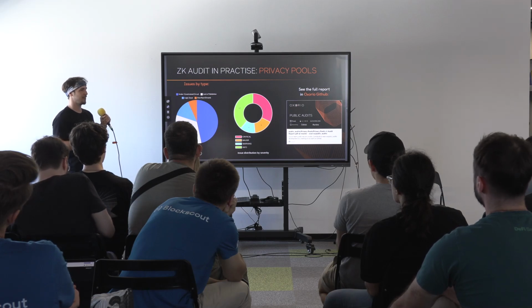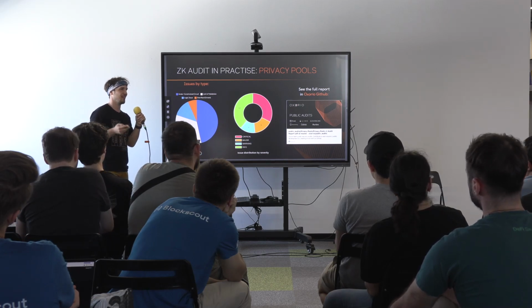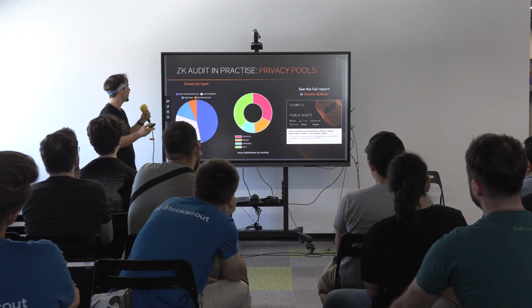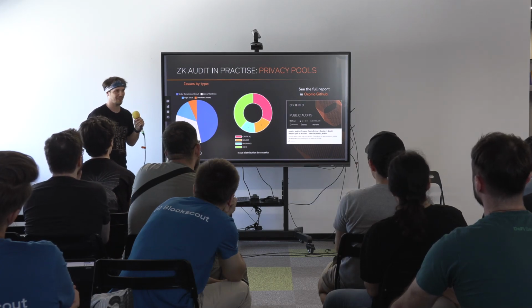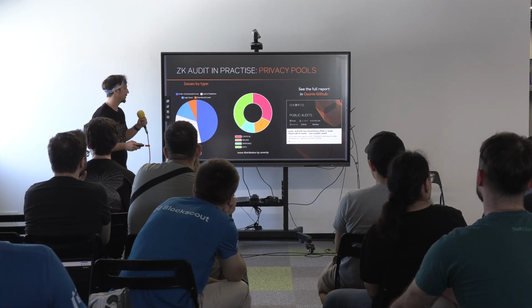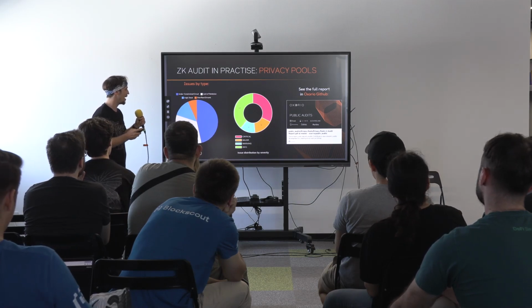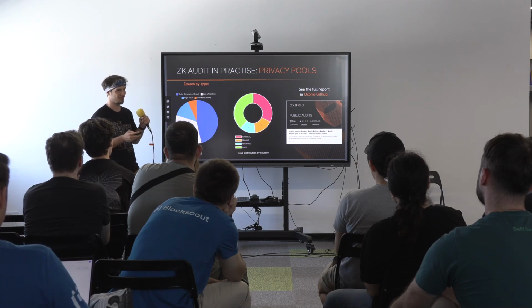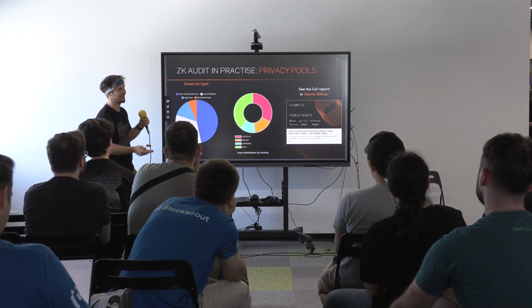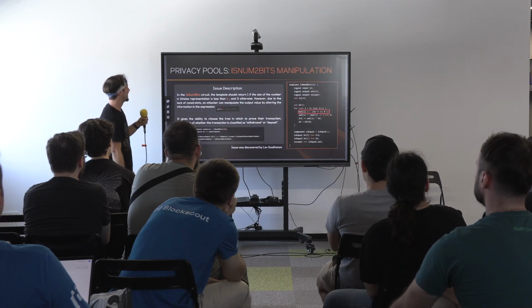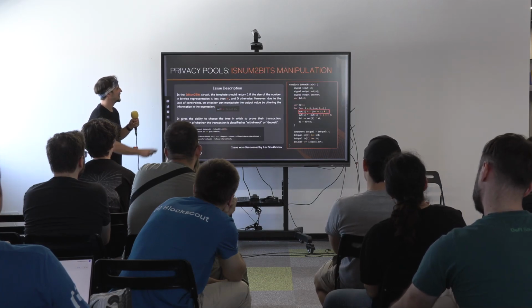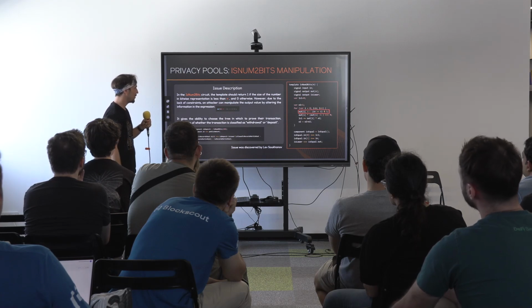We work a lot with them. They have a very good team, they do a lot of research, but still we found a lot of critical bugs. We already fixed them, but I want to just show an example of how you can break all these things at once. So this is a Num2Bits manipulation. What happens there?